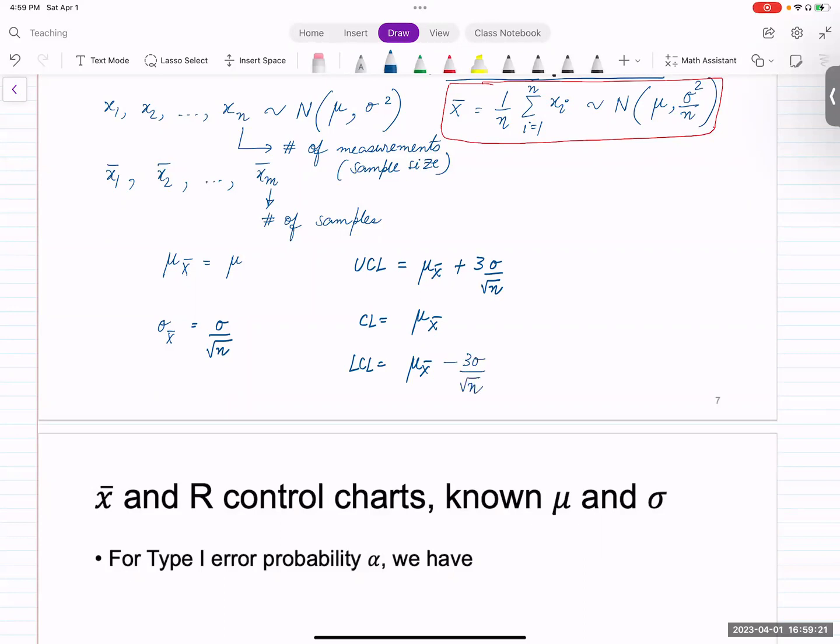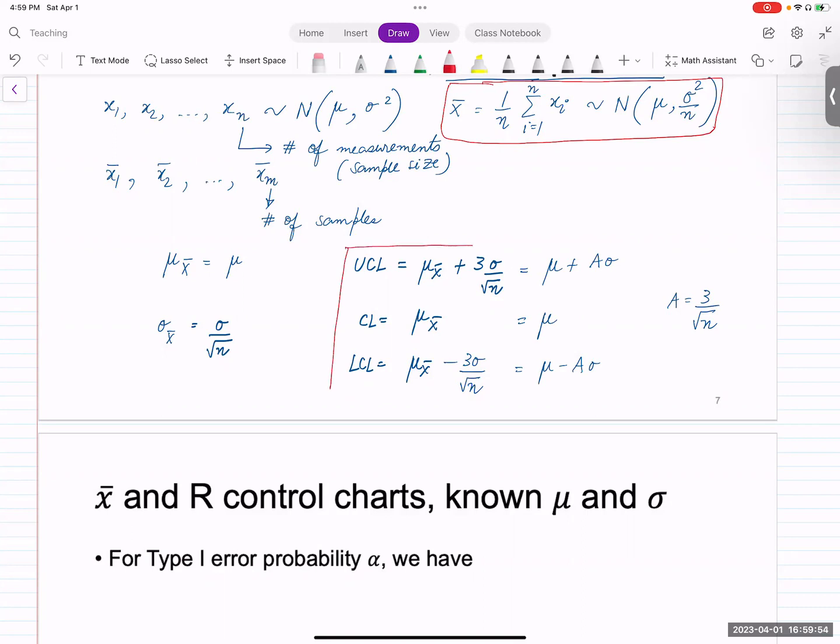Now, you'll see more and more that many times we use constants to simplify some of these formulas. In this case, we use a constant called uppercase A. We end up with mu plus A sigma, then mu, and then mu minus A sigma, where A is equal to 3 over square root of n. So let me mark this up.